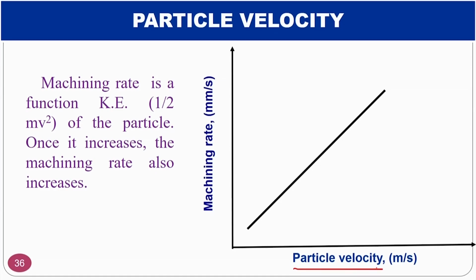If the particle velocity increases, the kinetic energy of the particle will be more, and it will come and hit the workpiece with a greater velocity. So, the material removal or the machining rate will be continuously increasing, and the particle velocity is proportional to machining rate.